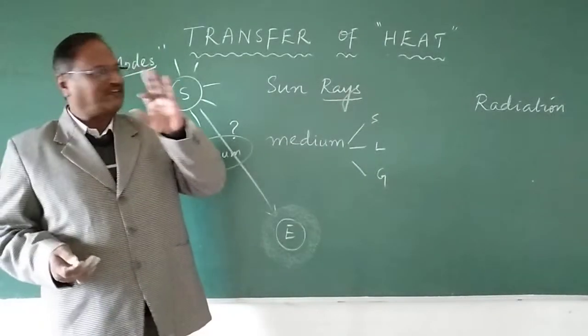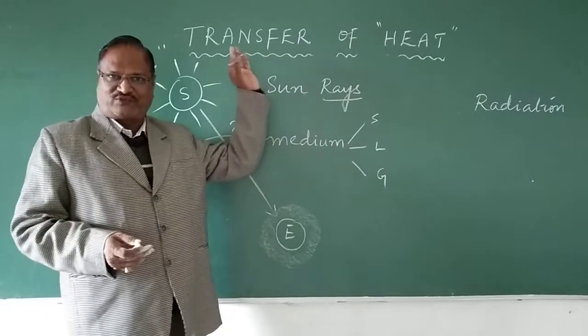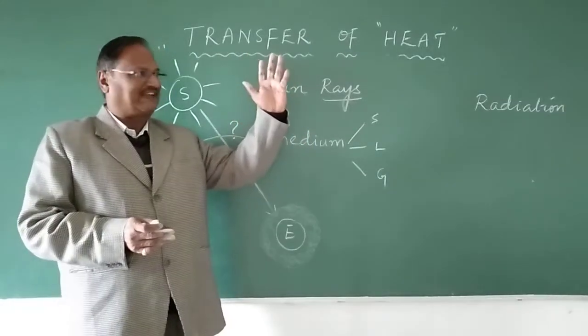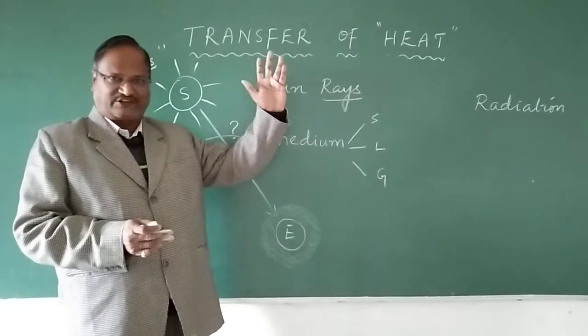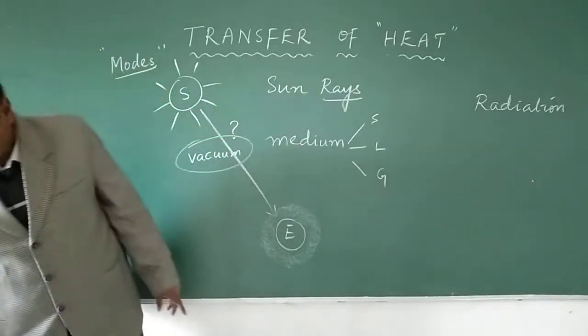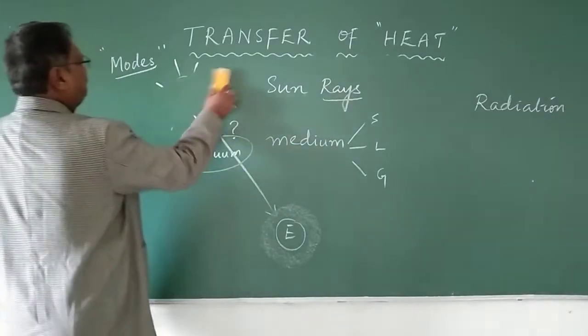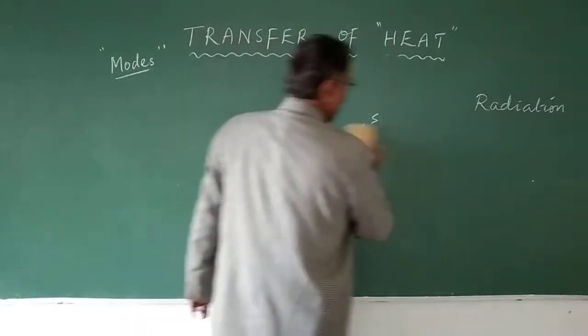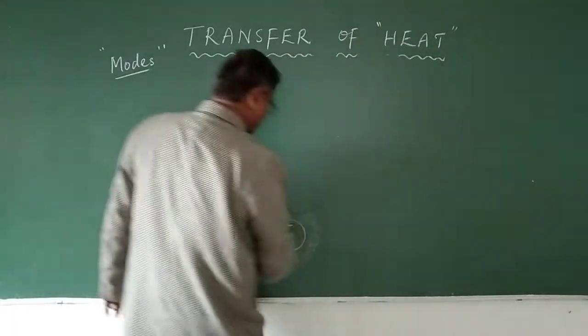Okay, so there are three ways of transfer of heat, and one is conduction, second is convection, and third is radiation. Dear students, I am going to give you a very simple example which we will find in everyday life, which you can easily understand.